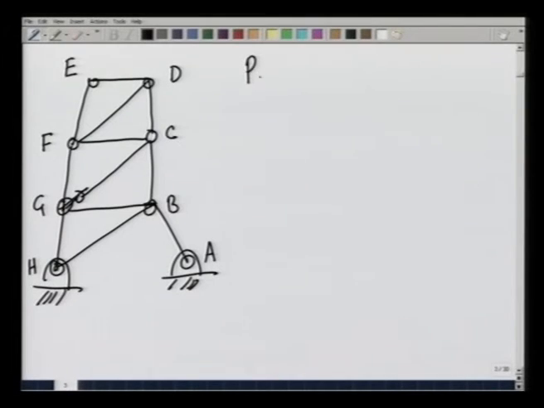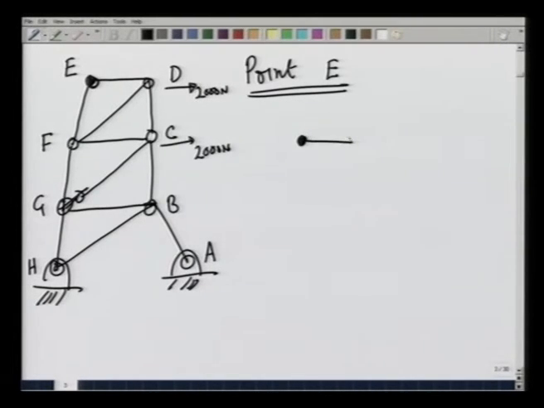To start with, let us look at point E, and I am choosing point E because from there we can start solving things in a very simple manner. At point E, there are only two forces, this is of course loaded with 2000 newtons each.